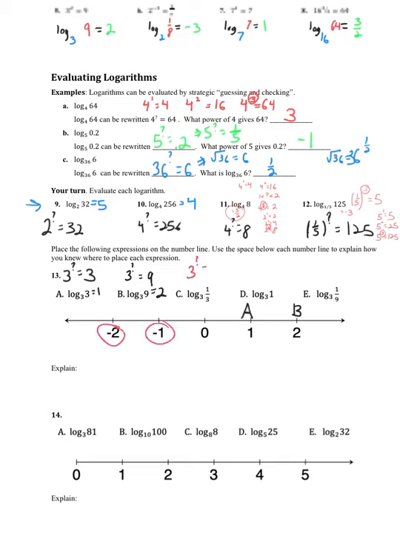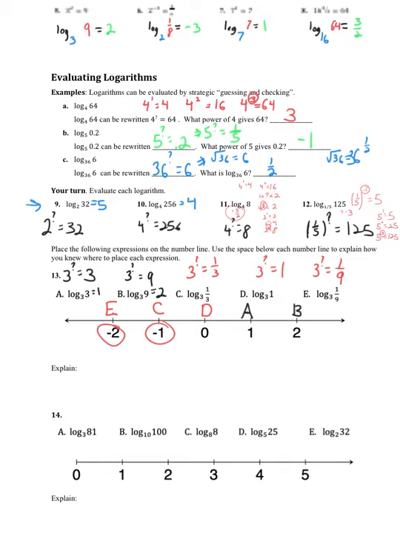And that comes in handy for part C here because you're getting 3 to the question mark equals 1/3. So that means that would be C. And then 3 to the question mark equals 1/9. That's E, negative 2. And then this last one was 3 to the question mark equals 1. And that one would actually be 0.